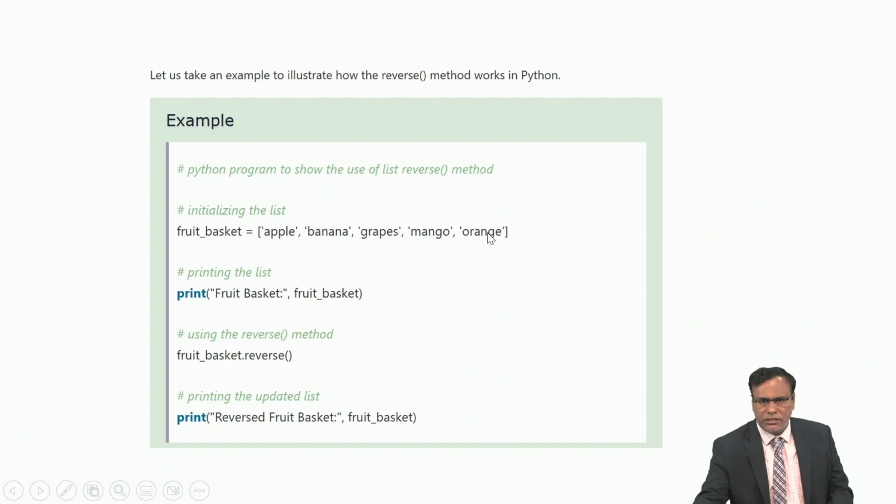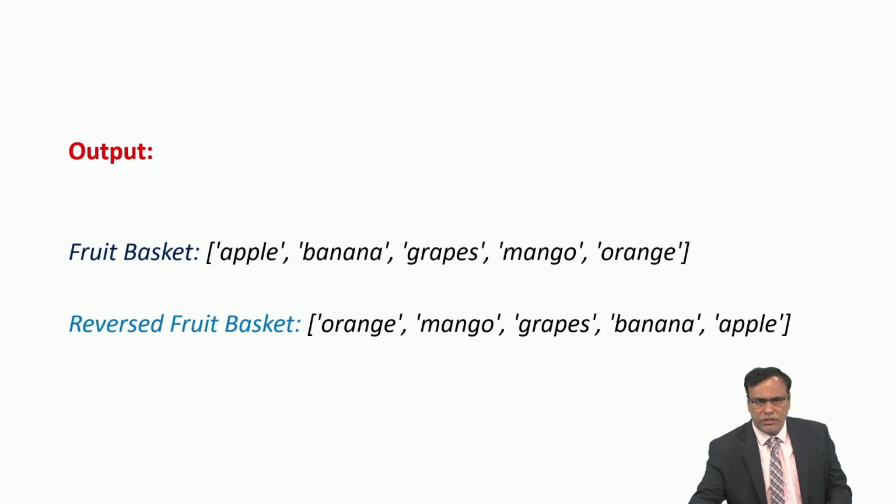The element that is in the last position is going to come to the first position. The element that is in the last but one position is going to be in the second position, and so on, right? So in this way, the items are going to be ordered. In reverse order, you are going to have the elements, briefly to say. So this is the original list.